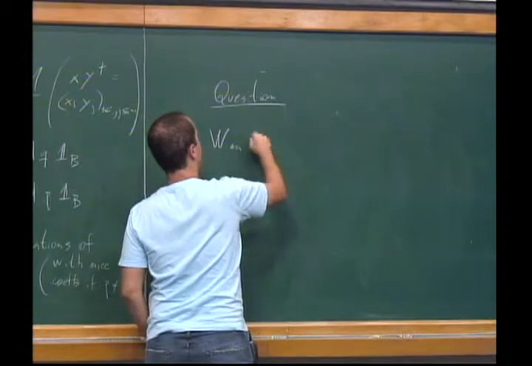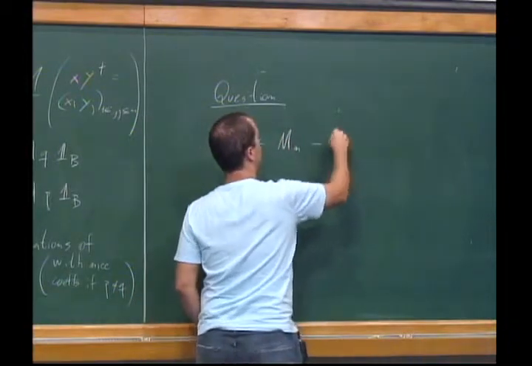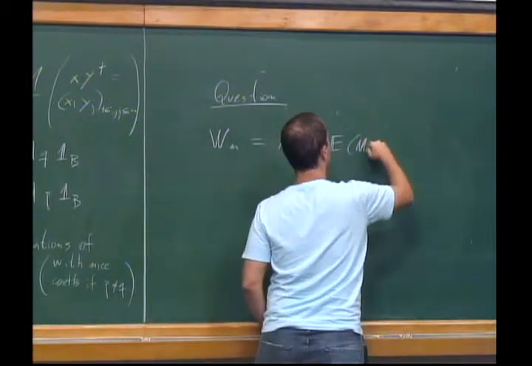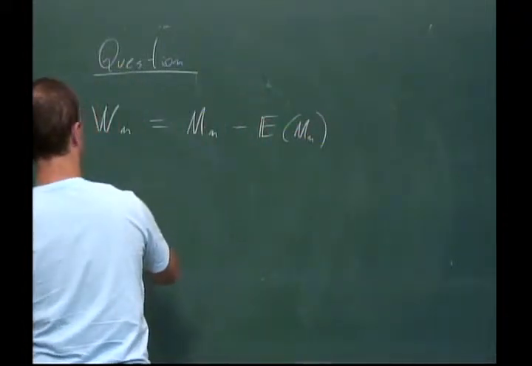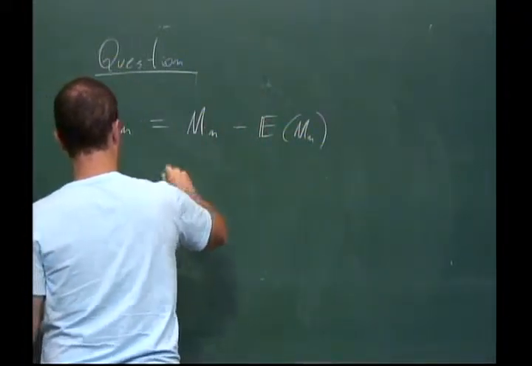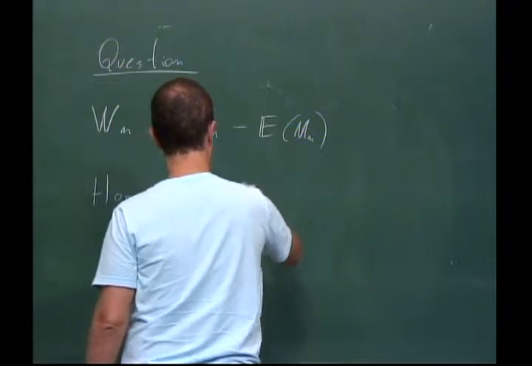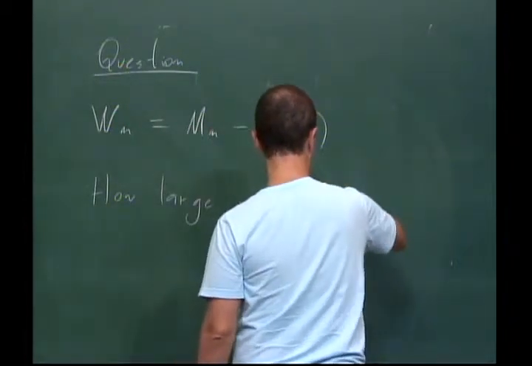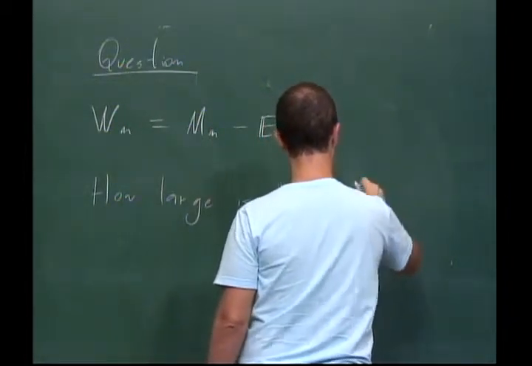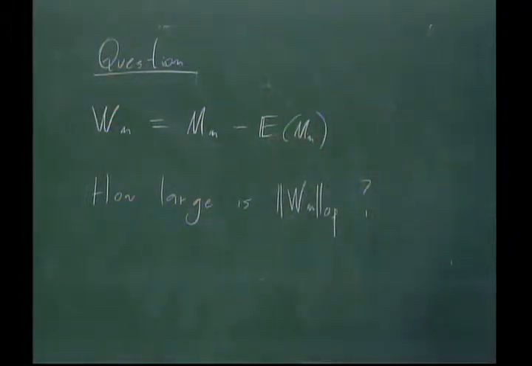Remember that you have this matrix Wn, which is Mn, and then you subtract the expectation. How large is the operator norm of Wn? And why do we care about this, right?